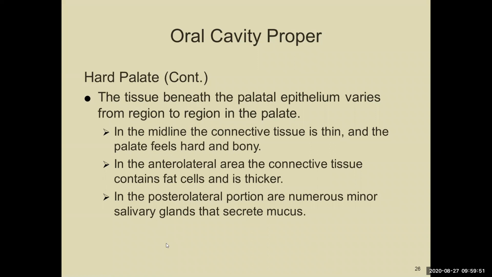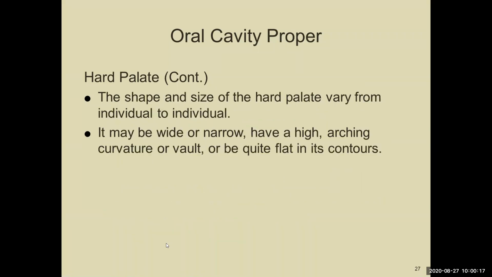In the posterior lateral portion, behind and to the sides, there are numerous minor salivary glands that secrete mucus. So if your patient has their mouth open for a really long time, their mouth is dry, you're going to start seeing tiny little drops of fluid coming out, and those are those minor salivary glands.